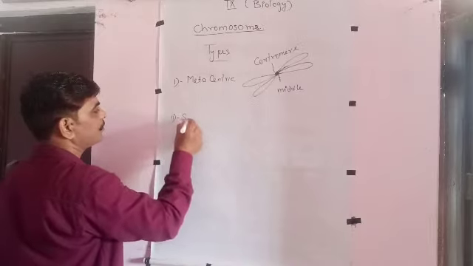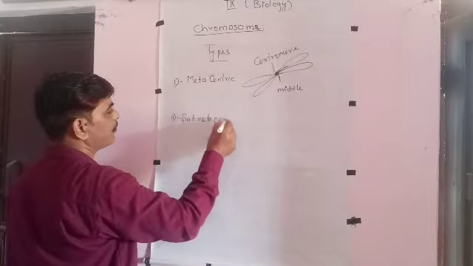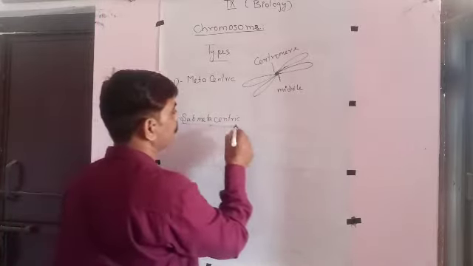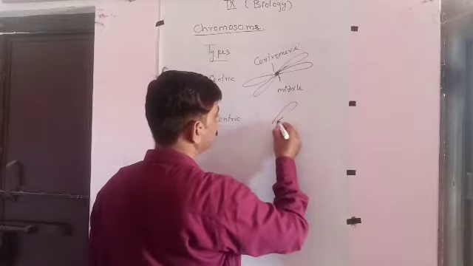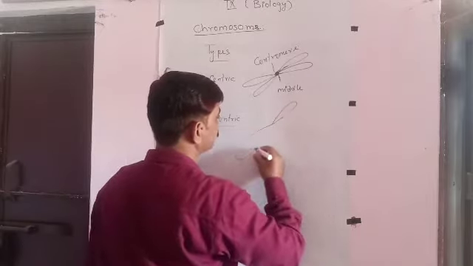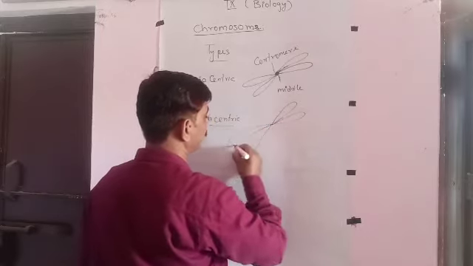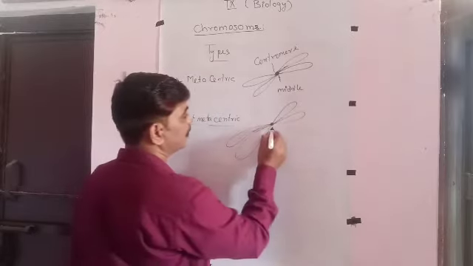The second type is submetacentric, and here the centromere is on one side of the middle.